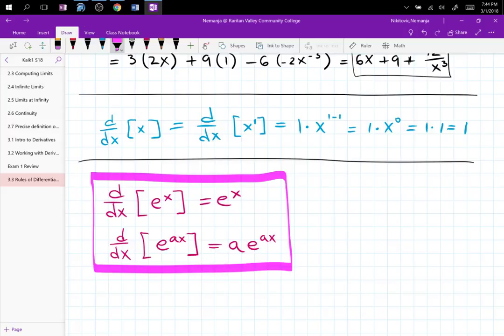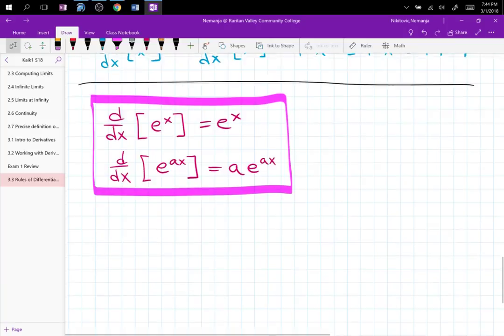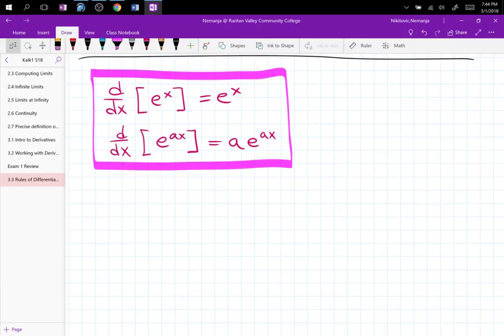So these are the basics. So a problem for you to practice. What's the derivative of 3x squared plus 9 plus 4e to the negative 2x?